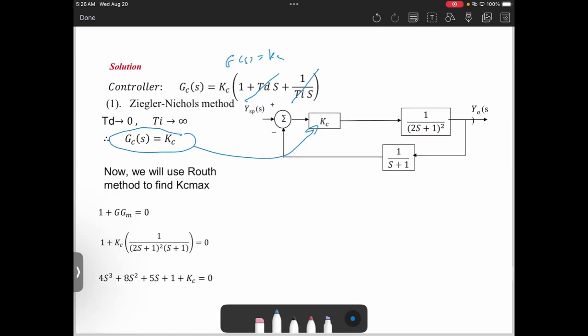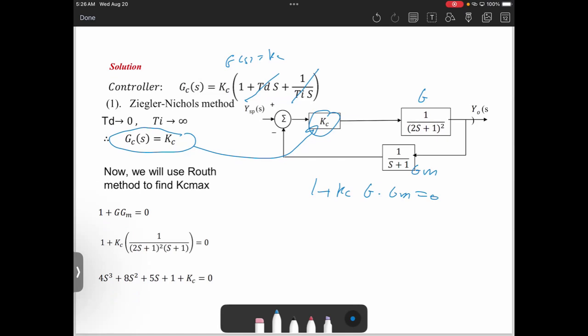So the first thing, we say this is Kc, then the characteristic equation will be 1 plus Kc times G times Gm equals 0. So make the product Kc times 1 times this part times this part.